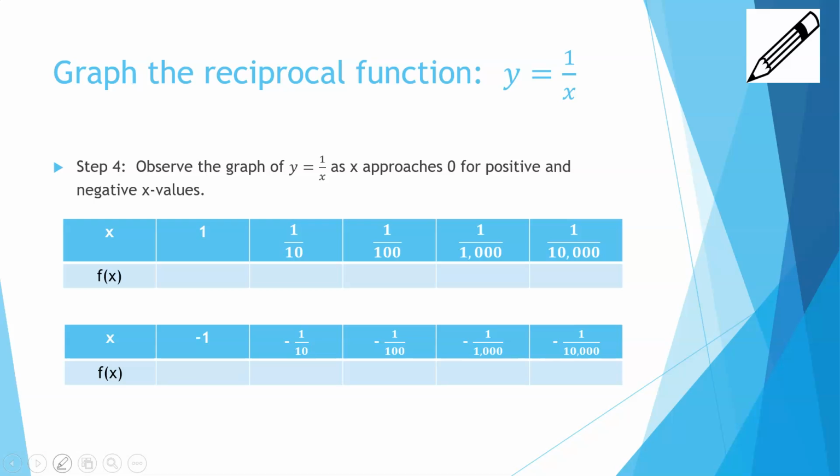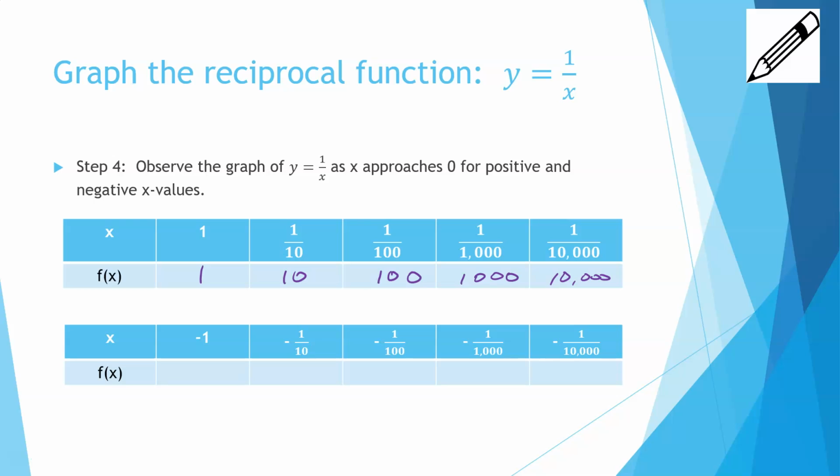Okay, so now let's look at some other things. With this slide, we're saying observe the graph y equals 1 over x as x approaches 0 for positive and negative x values. Once again, we're going to build our table. So 1 divided by 1 is 1. 1 divided by 1/10 is 10. This would be 100, 1,000, and 10,000.